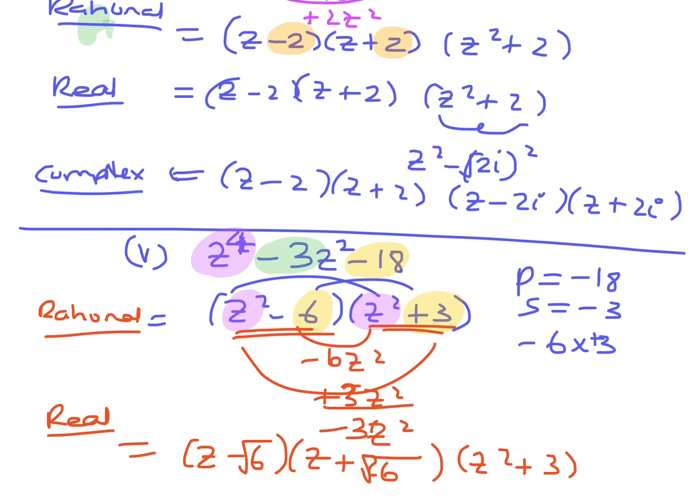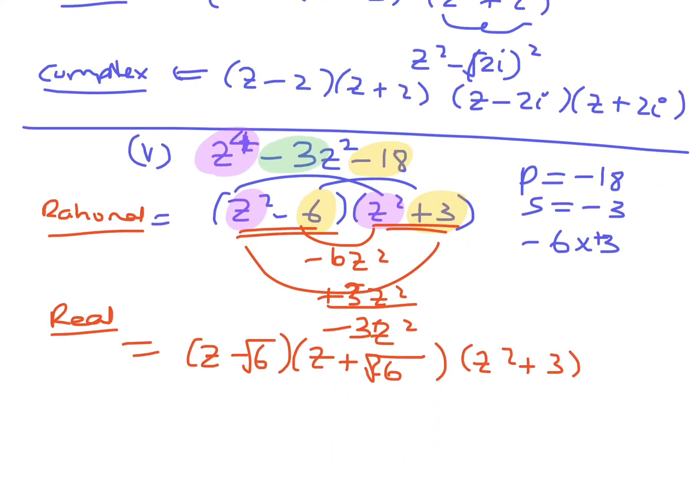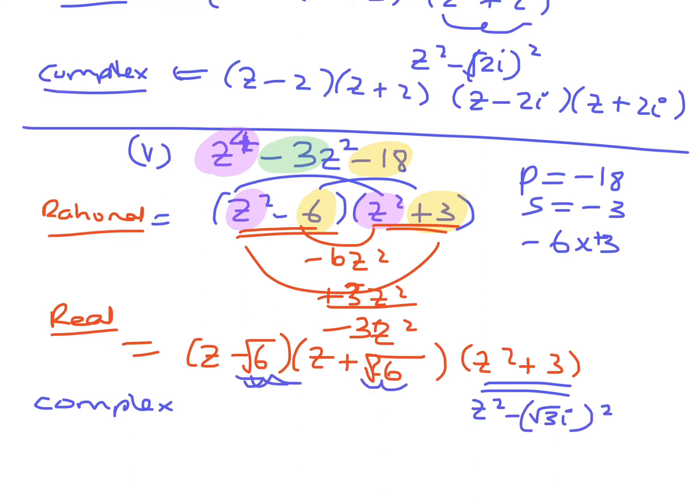You can't do anything with the z squared plus 3 because it would have to be a minus to keep it real. Now, when you do it over the complex field, that's when you do a little bit more with this. You make that z squared minus root 3i squared. That one was over the real because they're irrational, therefore it can't be over the rational.